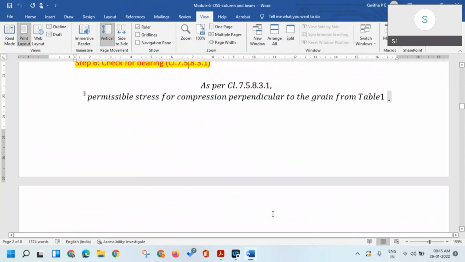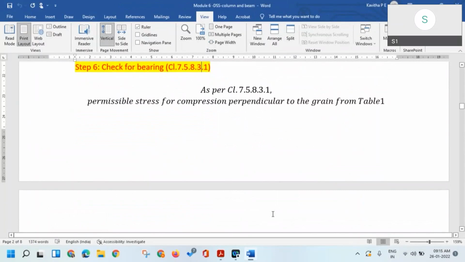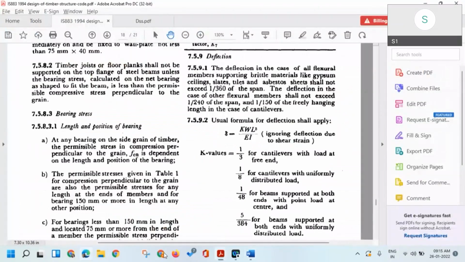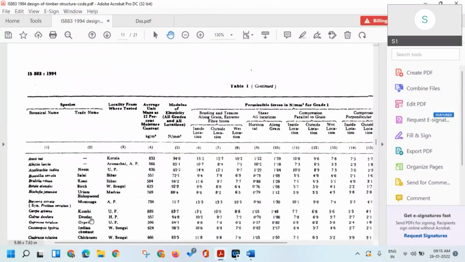Now we have to check for bearing. The allowable bearing stress as per clause 7.5.8.3.1 is given in table 1. Going back to table 1 for deodar wood, the strength values are given for compression perpendicular to the grain.